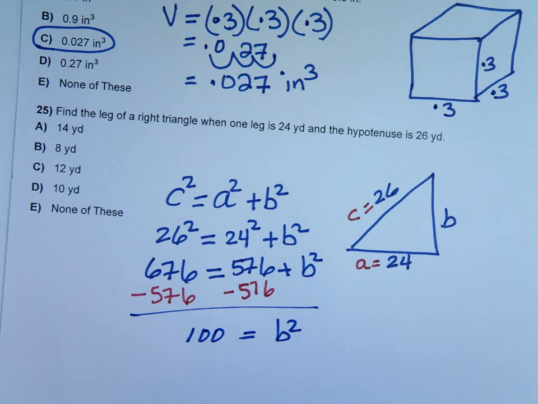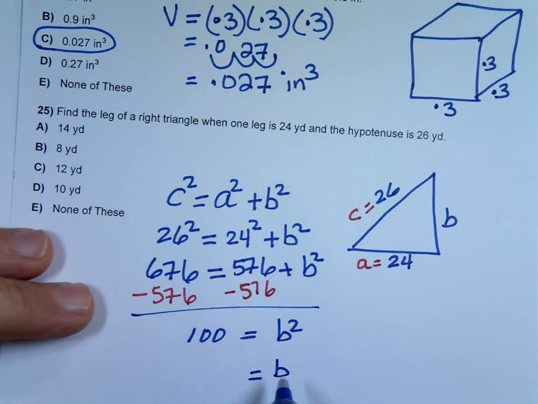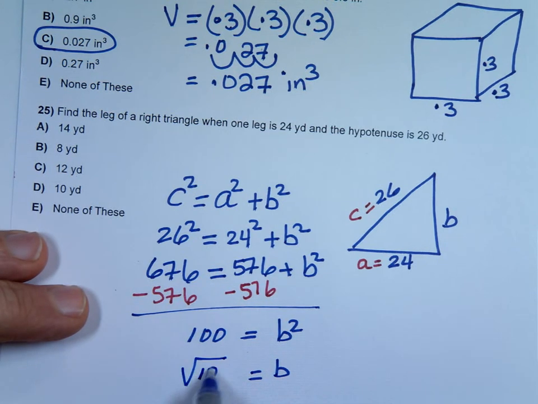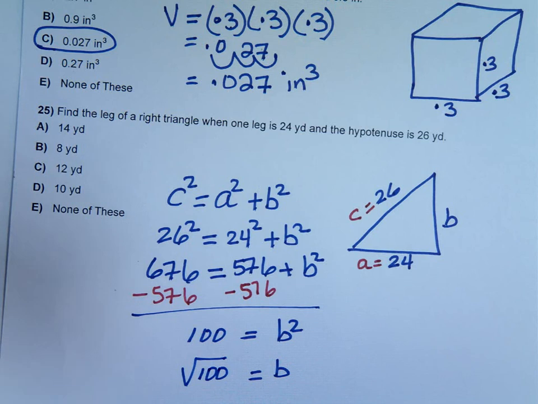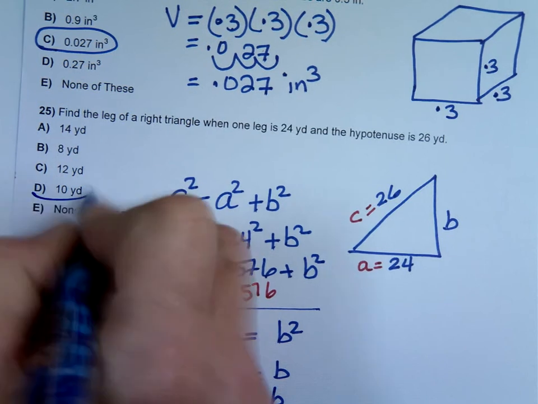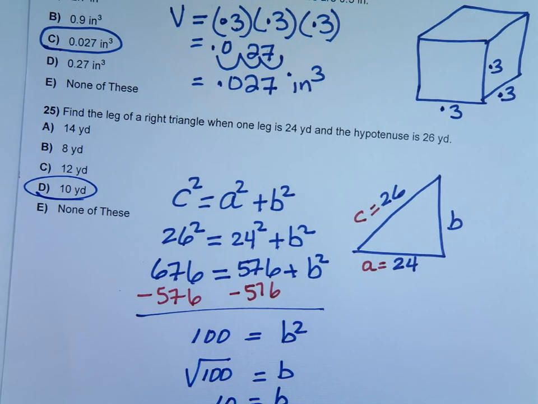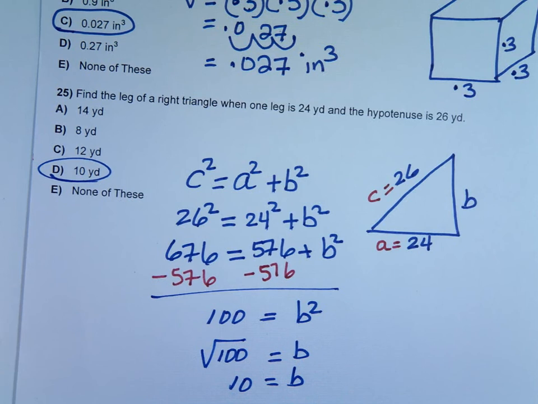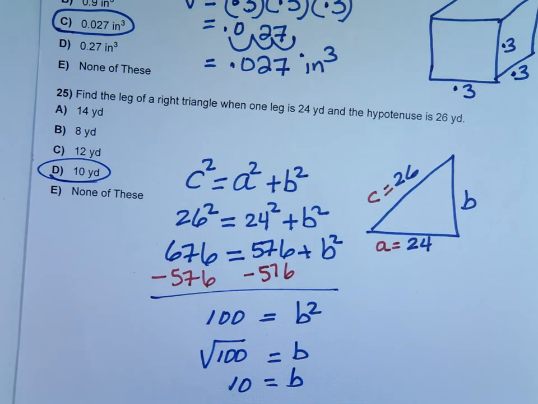How do we get B? Square root of 100. What number, if you multiply it by itself, the answer is 100? Isn't it 10? What positive number times itself will make it 100? And the answer is 10. It can't be a negative number. We're talking about the leg of a triangle. We're measuring the length of it.